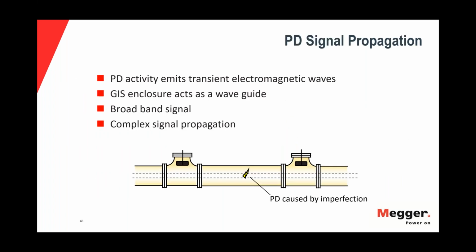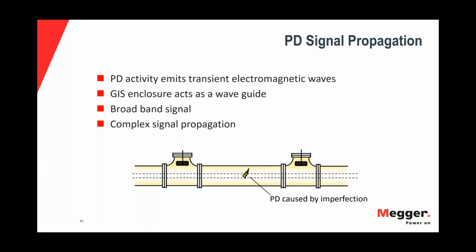PD activity emits transient electromagnetic waves, and the GIS enclosure acts as a waveguide, which means that PD cannot go outside the GIS area, because the GIS grounding area surrounding the gas acts as a Faraday cage.